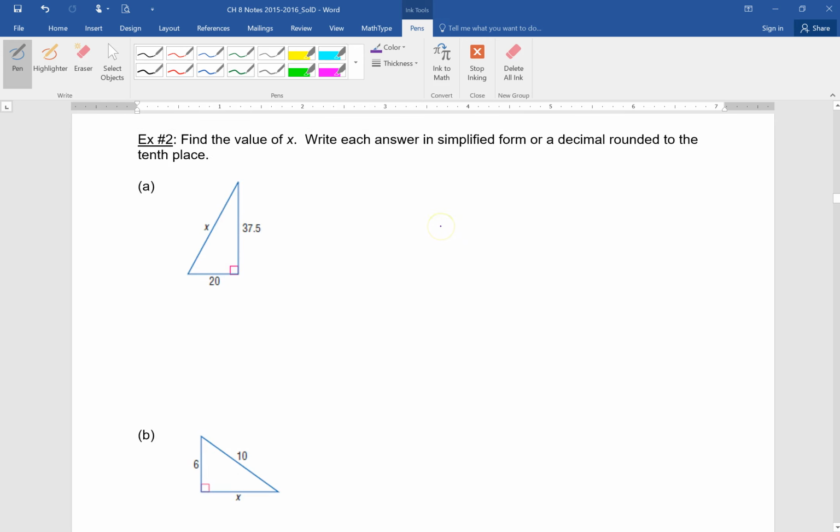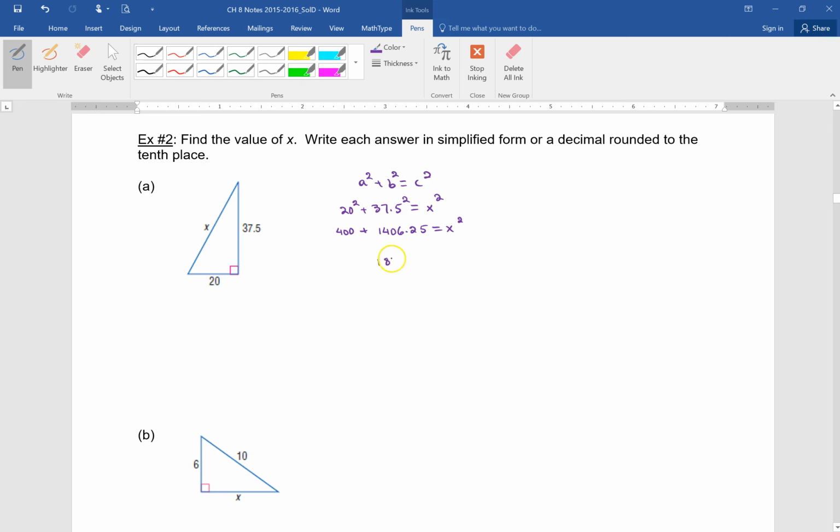All right. So let's use the Pythagorean theorem here. We're looking for the hypotenuse in this case. So it's going to be A squared plus B squared equals C squared. 20 squared plus 37.5 squared is X squared. 20 squared is 400 plus 1,406.25 is X squared.